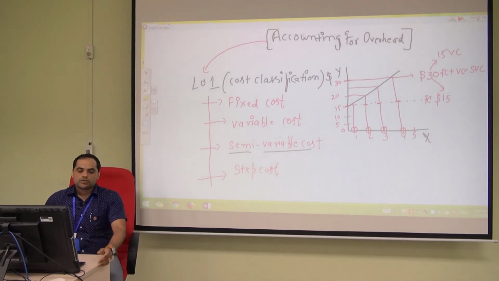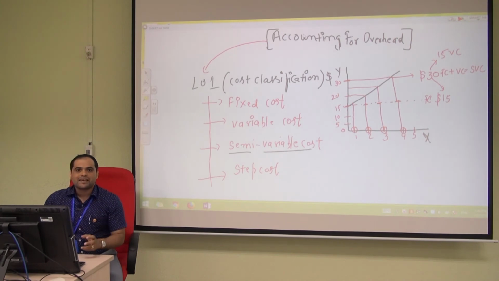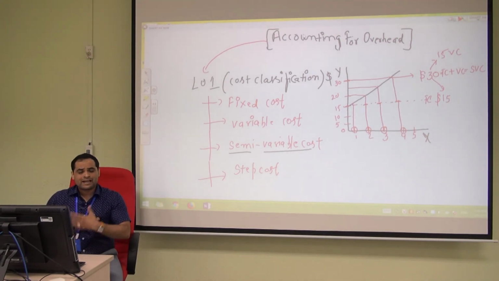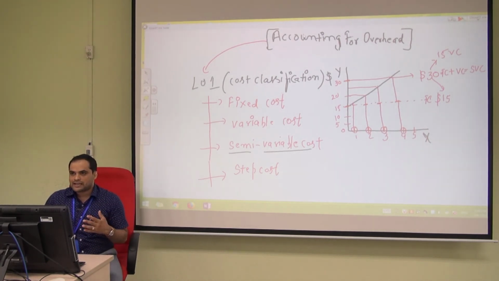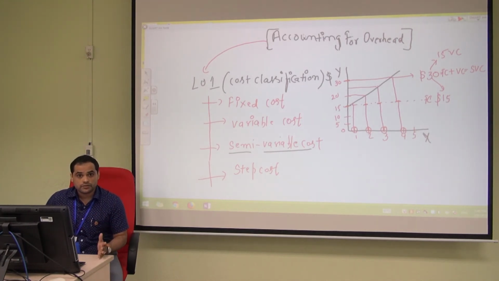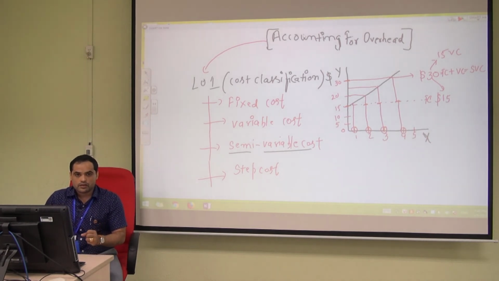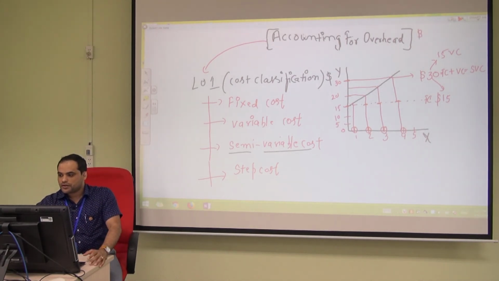All right. So now you will be thinking, what is an example of the semi-variable cost? When does it occur? Right? The best example of the semi-variable cost I can give you is your mobile phone internet, 3G. So let's say, for example, you take a plan for $10 per month.